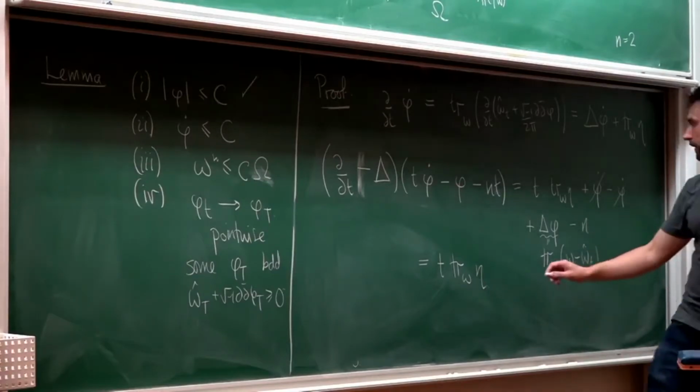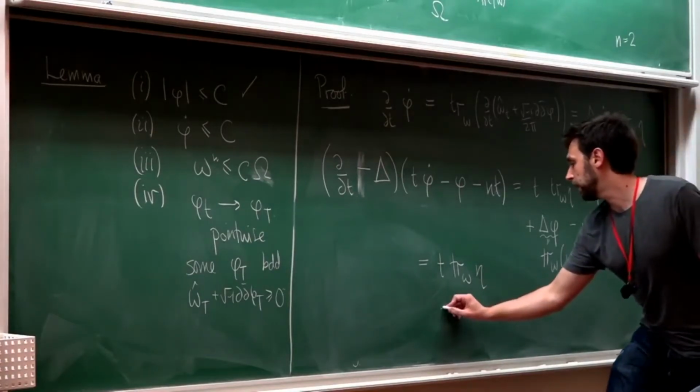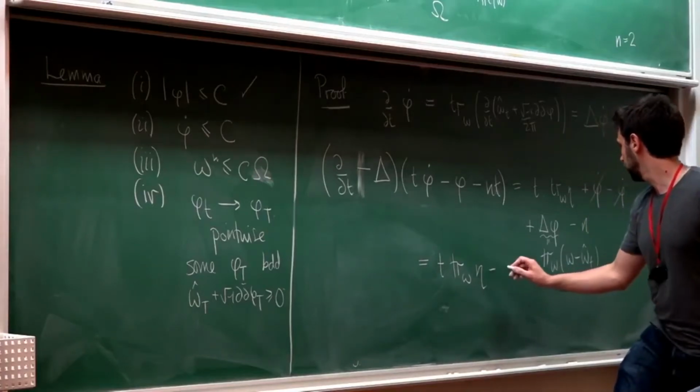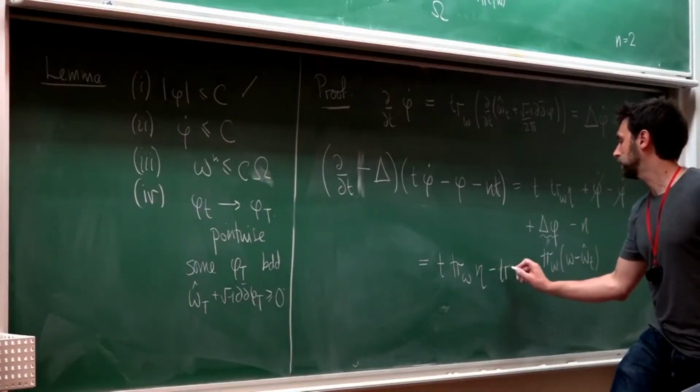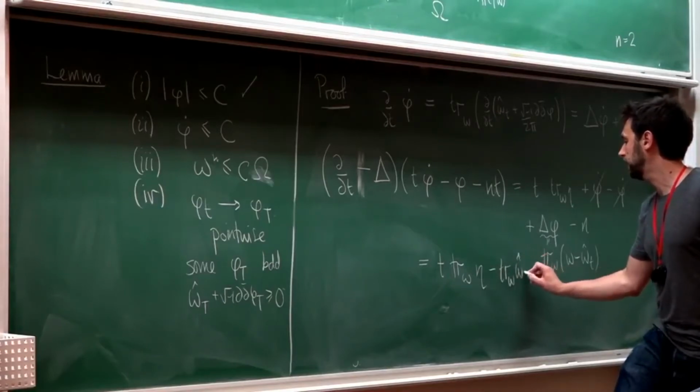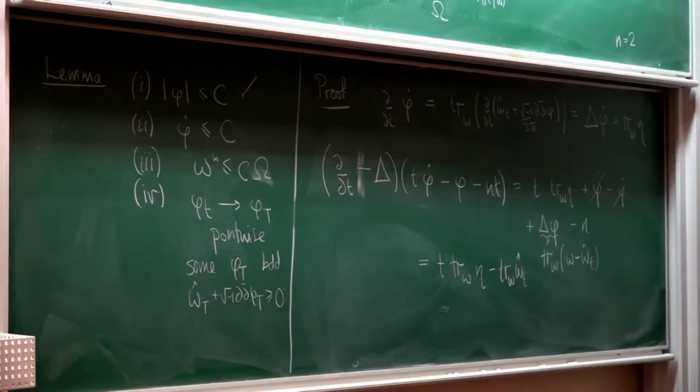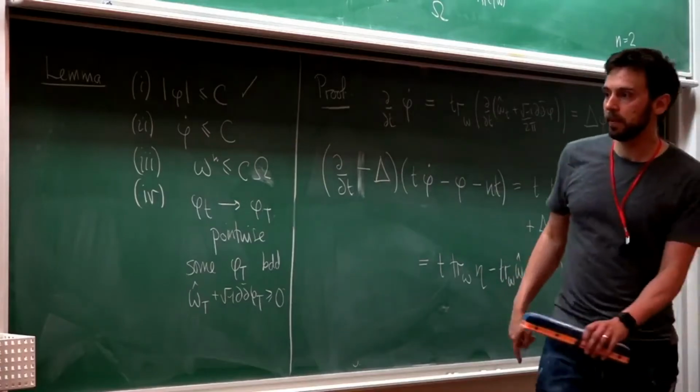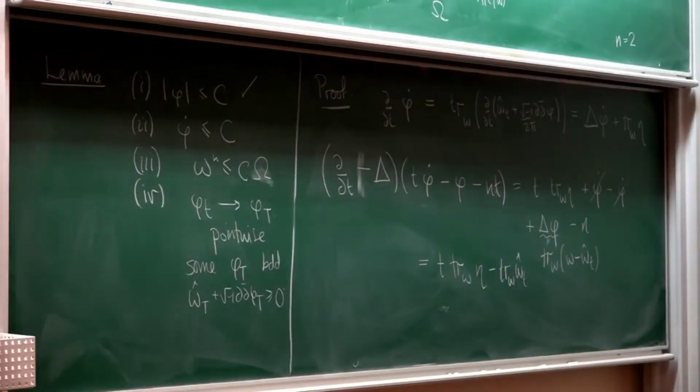So it cancels that. And then all I'm left with is minus the trace with respect to omega of omega hat t. But then omega hat t, remember, is omega naught plus t eta.